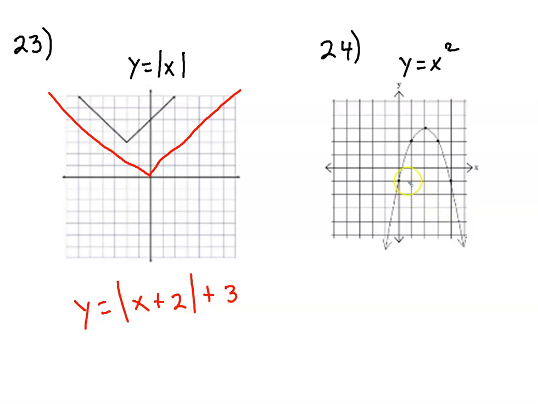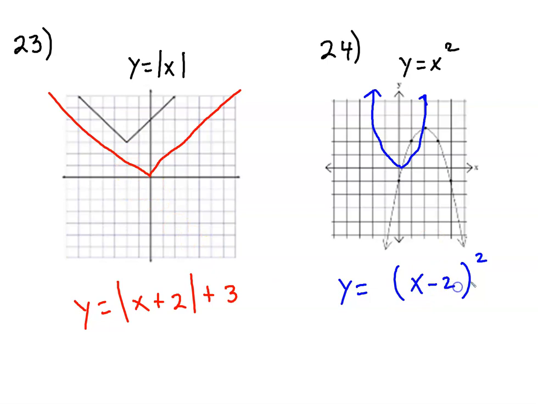For 24, this is the quadratic parent. The parent would look something like that. It has a vertex at the origin. Well, this is the parent that's been shifted 2 to the right. So instead of this, which was 2 to the left, I did x plus 2.